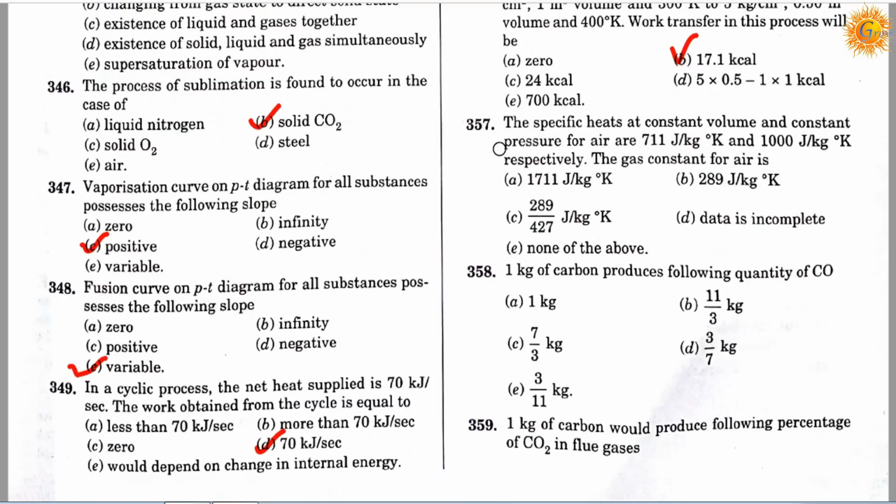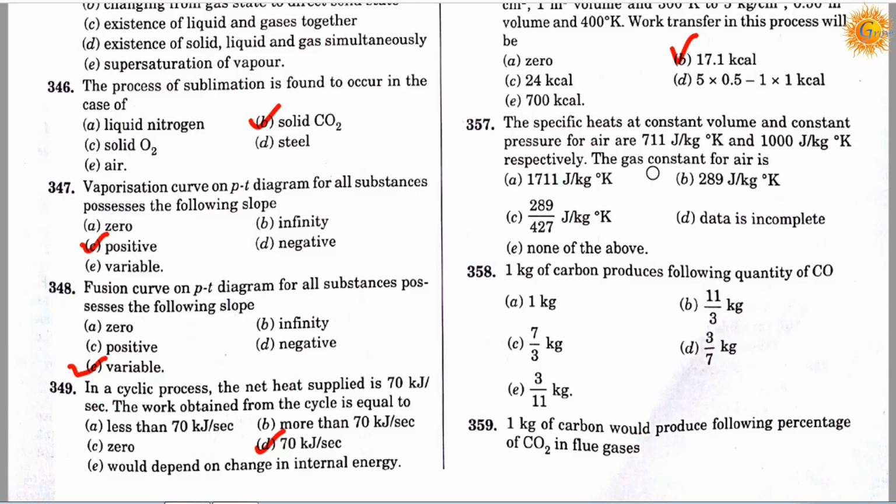Question number 357. The specific heats at constant volume and constant pressure for air are 711 joule per kilogram degree Kelvin and 1000 joule per kilogram degree Kelvin respectively.